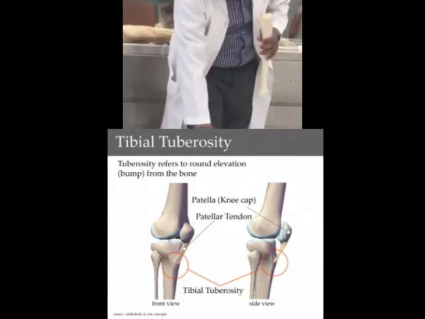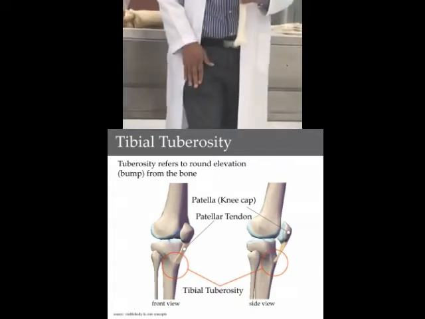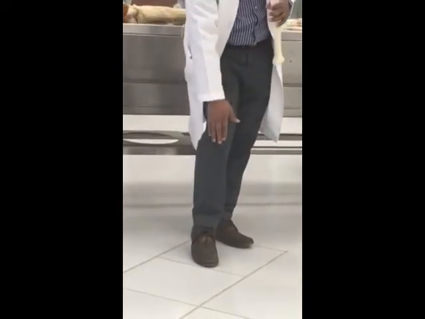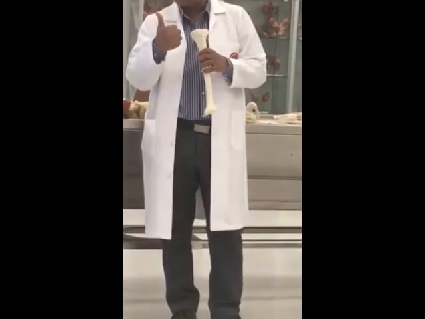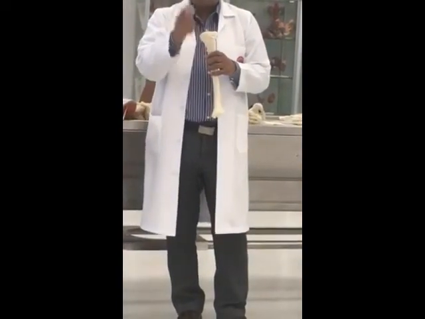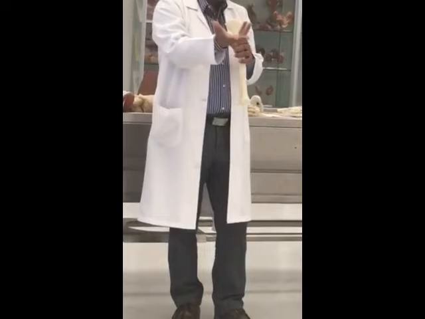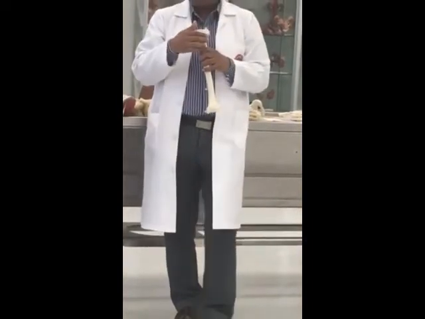So this one is the insertion of the quadriceps through the patella to the tibial tuberosity. Okay, so that is the patellar tendon. So the patellar tendon is attached to the tibial tuberosity. So this is another important feature we should know because we know the ligament of the knee, the patellar ligament. It is the tendon of the quadriceps. We know the quadriceps muscles. So we should know this tuberosity.